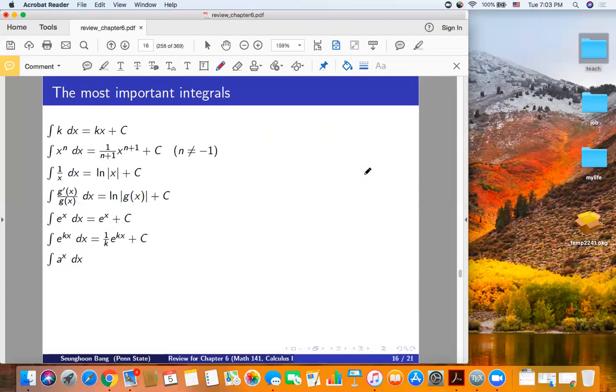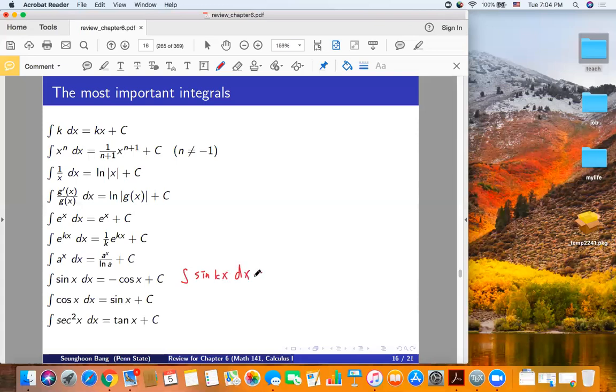The integral of a to the x dx is a to the x over ln of a plus c. The integral of sine x dx is negative cosine plus c. The integral of cosine is positive sine. The integral of secant squared is tangent x plus c. So you need to memorize the general form, which is better. The integral of sine kx dx is minus 1 over k cosine kx plus c.